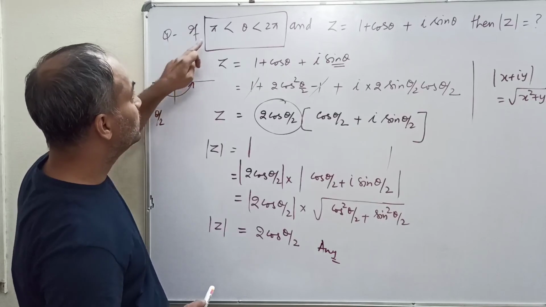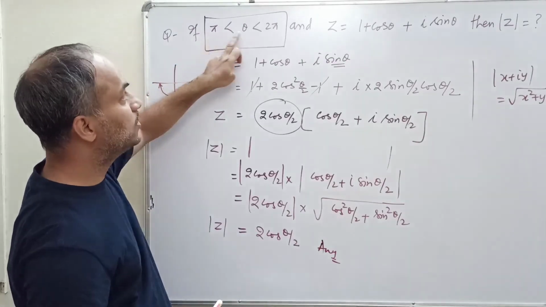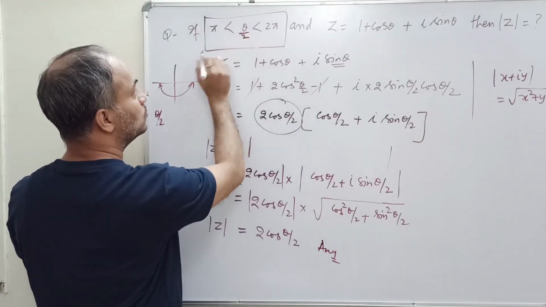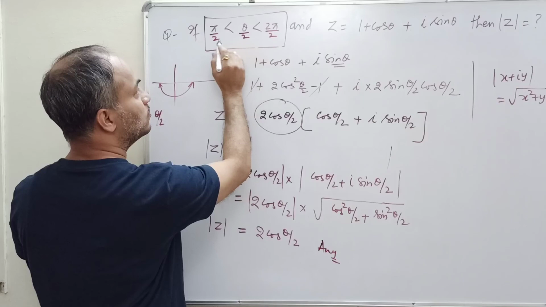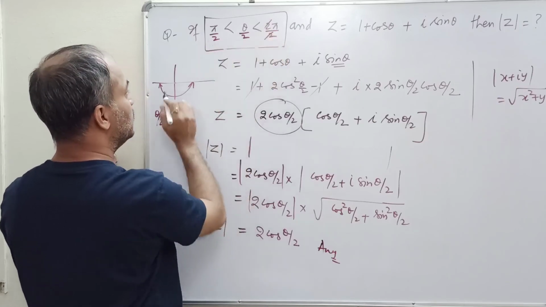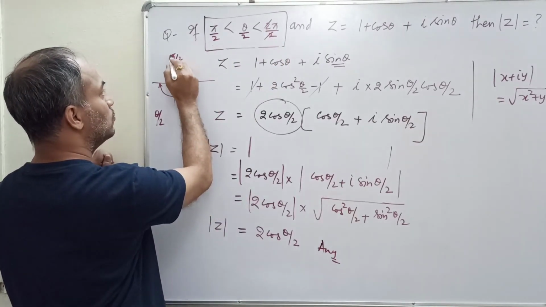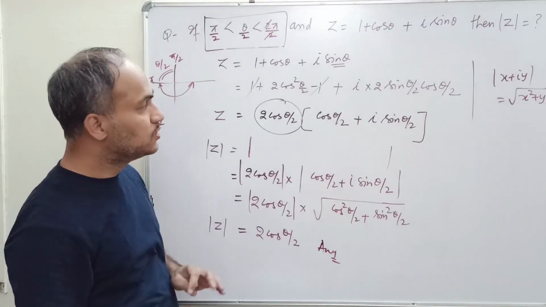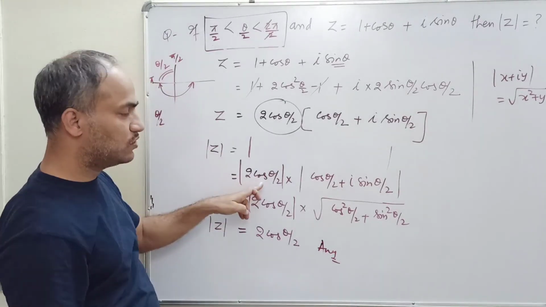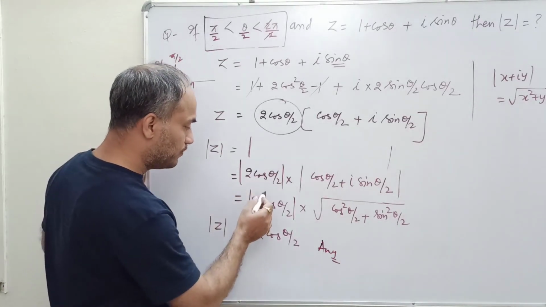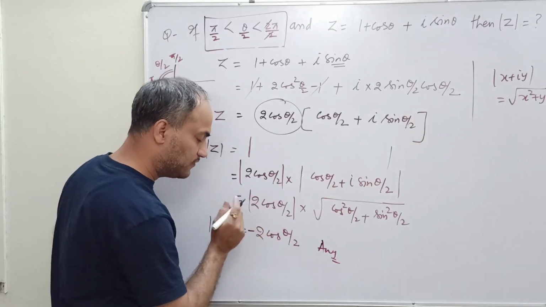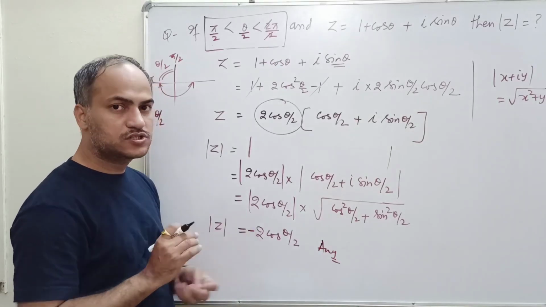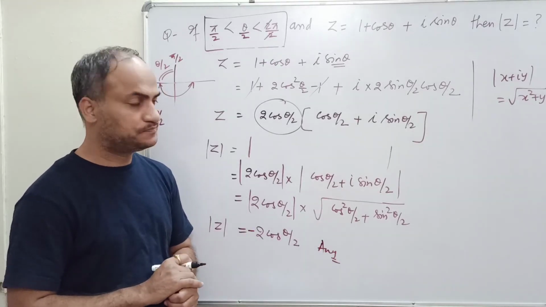So when theta is from pi to 2 pi, theta by 2 is from pi by 2 to pi. It means this value will be in the second quadrant. When theta by 2 is in the second quadrant, cos will always be negative. So to make this value positive, we have to write one minus sign. Okay guys, this is the important thing for this question, which you need to understand.